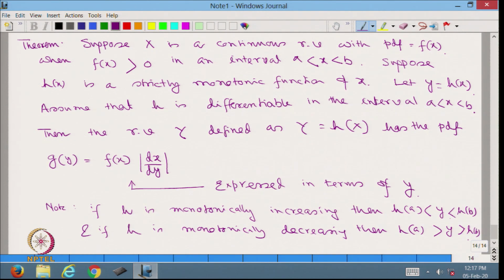So, that is the theorem. We are obtaining the PDF of Y by looking at the PDF of X, but this we are expressing in terms of y. That means we are using h inverse here, and we are looking at the derivative of x with respect to y, and that also is expressed in y.